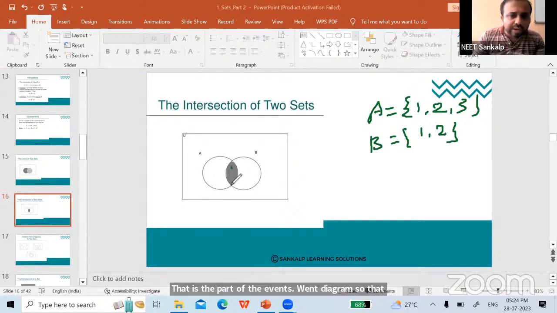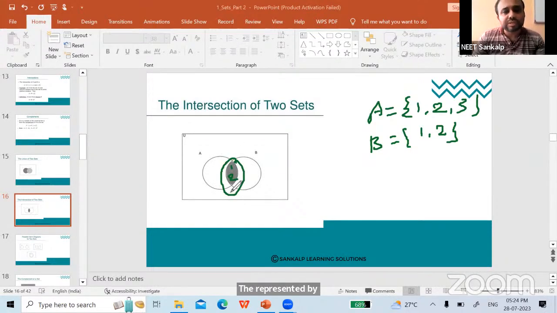So that is 1 and 2. These are the common elements which will be written here, and that is represented by the intersection of the two sets. Is that clear, students?